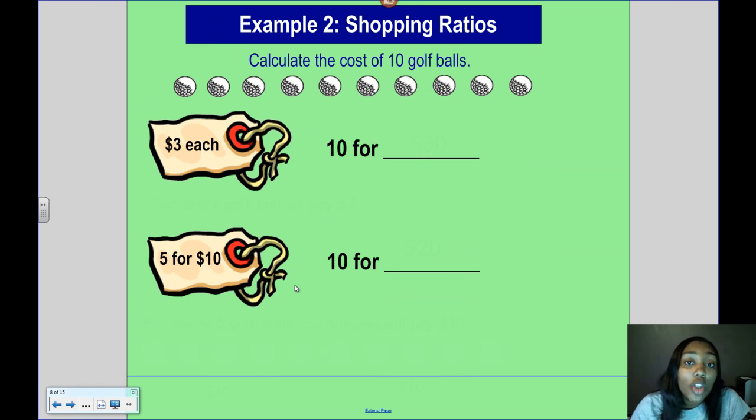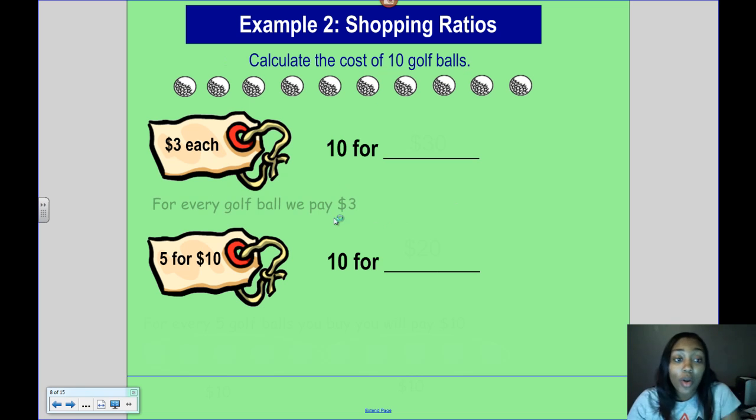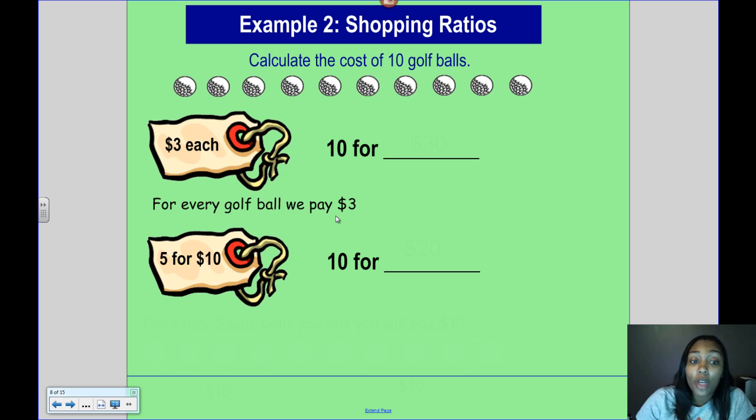So now we can use ratios to help us solve problems. So if we look at example 2, we're going to use the ratio to help us figure out the cost for the golf balls. So this first ratio is that we're going to pay $3 for each golf ball that we buy. So that basically means for every 1 golf ball that we buy, we're going to pay $3.